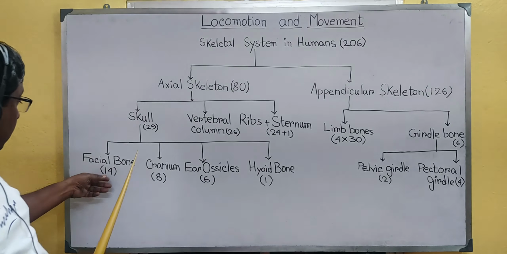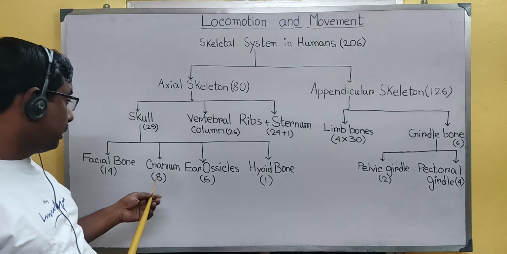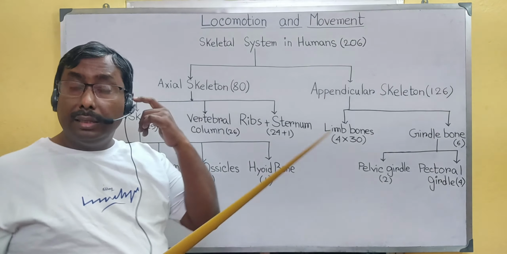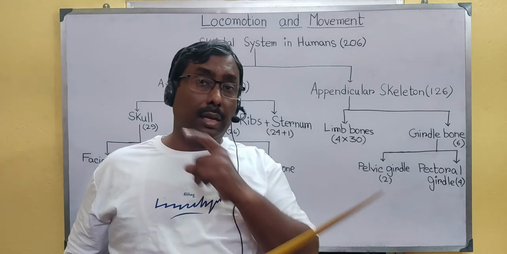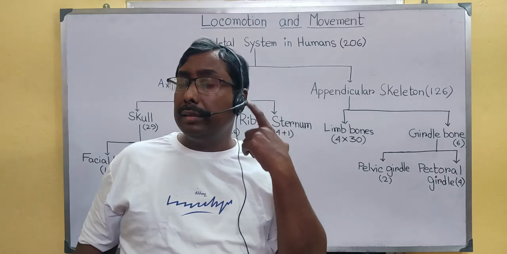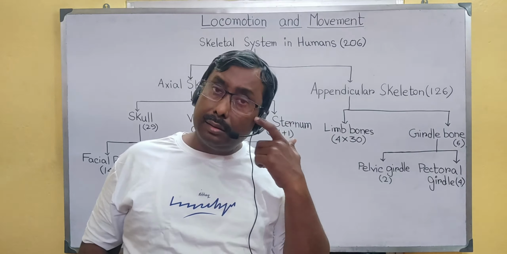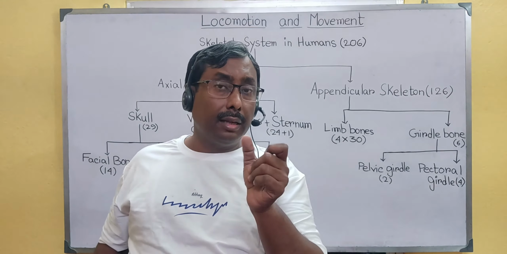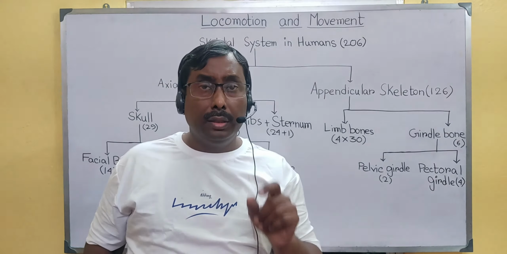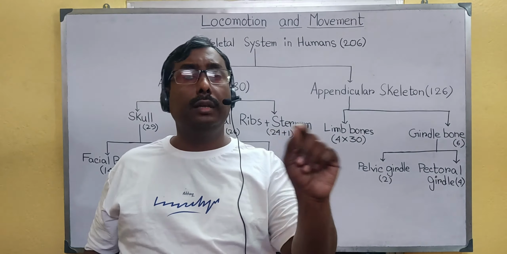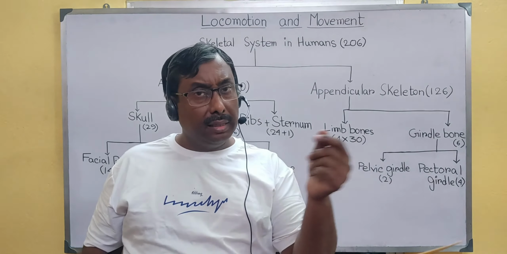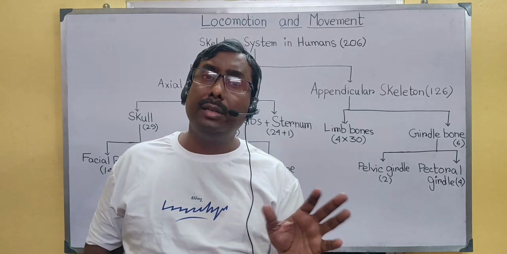So, the facial region contains 14 bones and the cranium contains 8 bones. Inside each ear there are ear ossicles: in the right ear there are 3 bones, and in the left ear there are 3 bones. These are the smallest bones in our body. Their names are malleus, incus and stapes. Later on, we will discuss this.